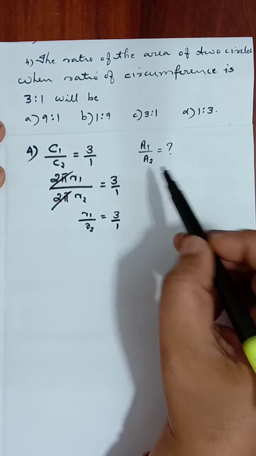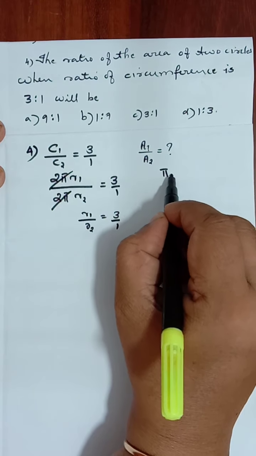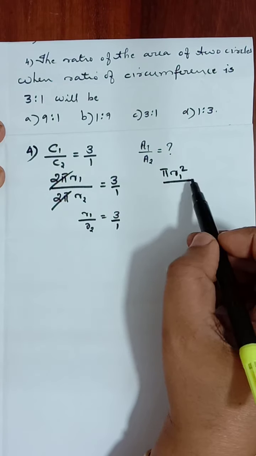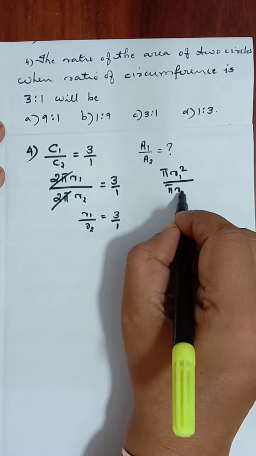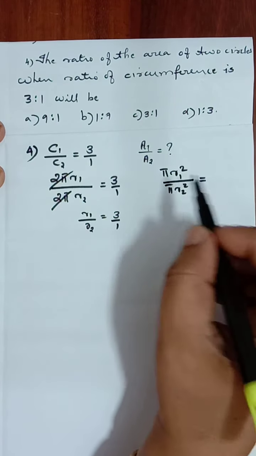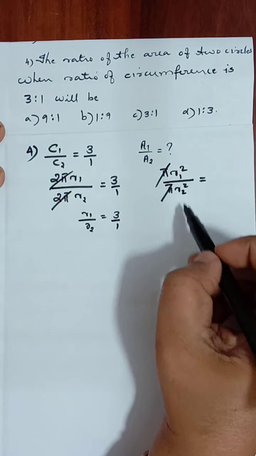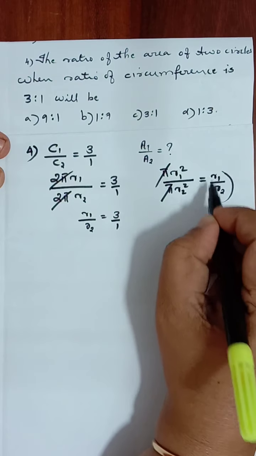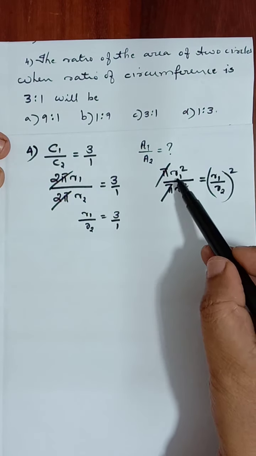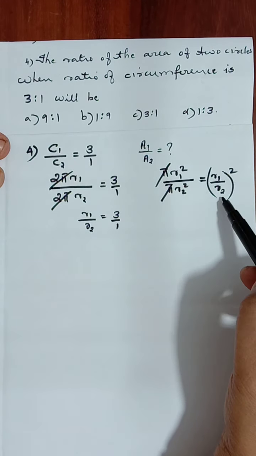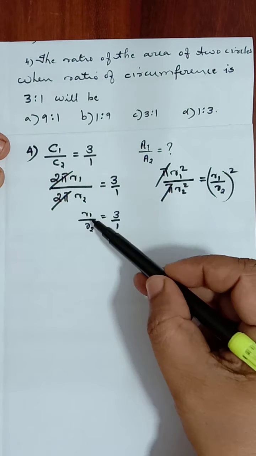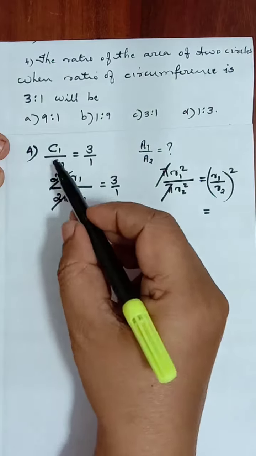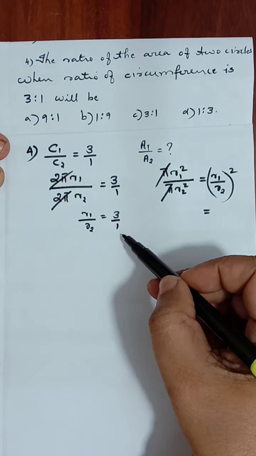Now we must find out A1 by A2, where A1 is pi r square. A means area. Pi r1 square by pi r2 square. Pi gets cancelled. R1 by R2 whole square we can write, because R1 square by R2 square is R1 by R2 whole square. R1 by R2 is available from the ratio of the circumference, that is 3:1.